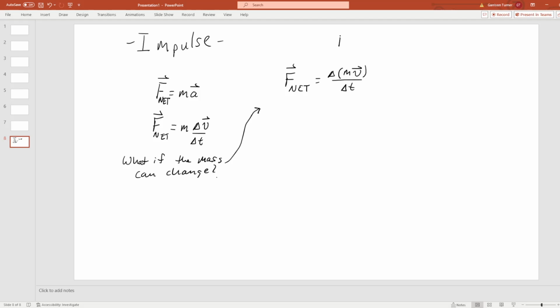Anyway, we define the momentum of an object to be its instantaneous mass times its velocity. So, when you apply a force to an object, what you see is that it's a change in p.